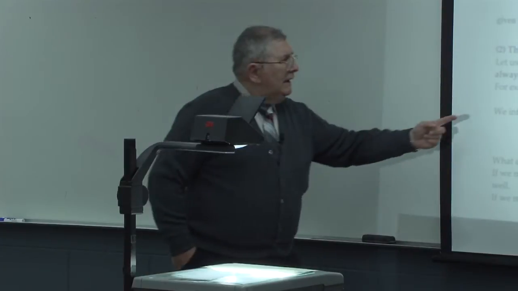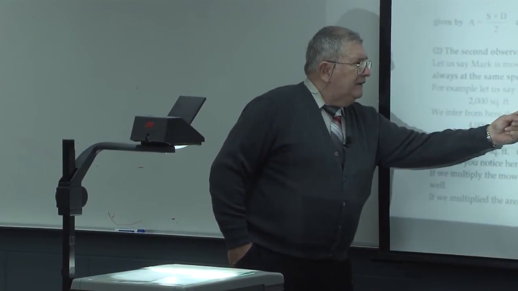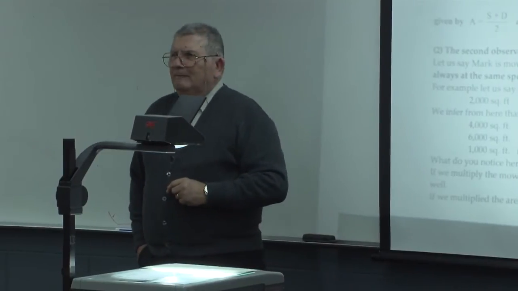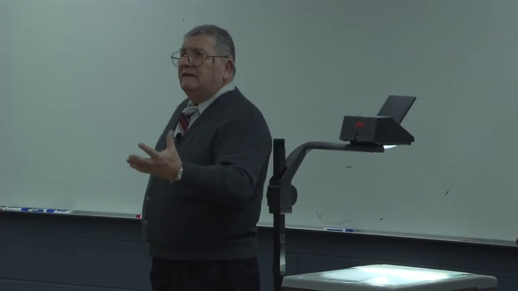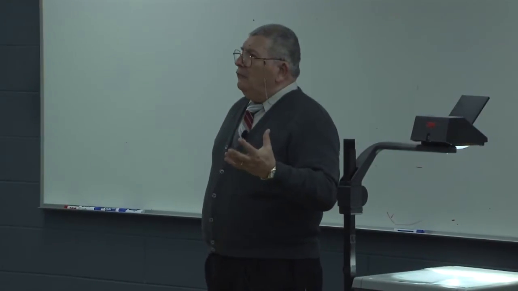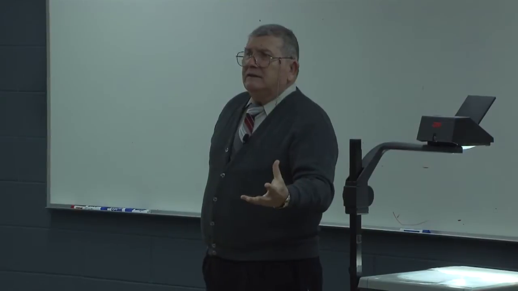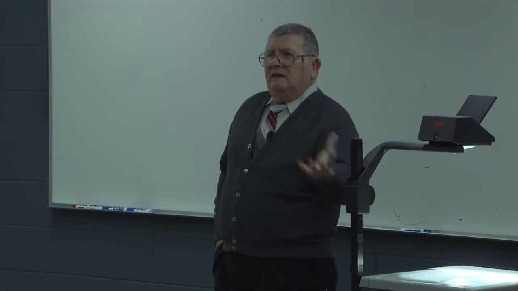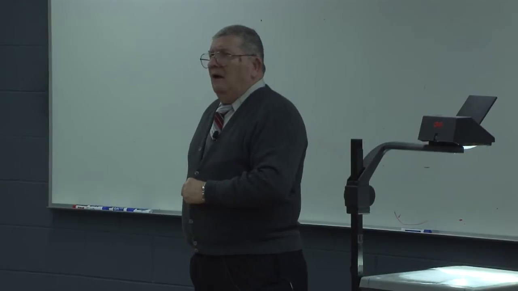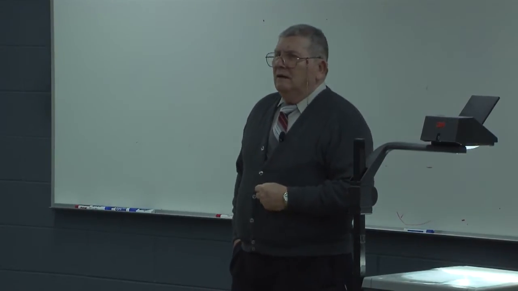For example, let's say that he mows 2,000 square feet in 30 minutes. From here, we infer that he mows 4,000 in 60 minutes, 6,000 in 90 minutes, 1,000 in 15 minutes, and so forth.